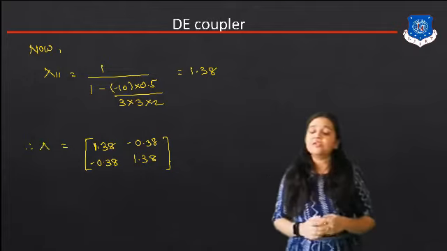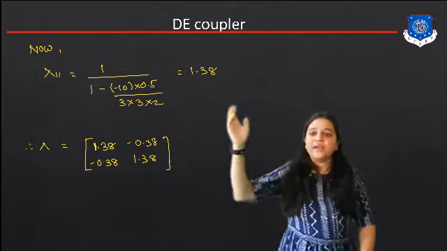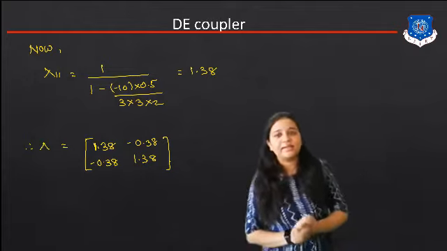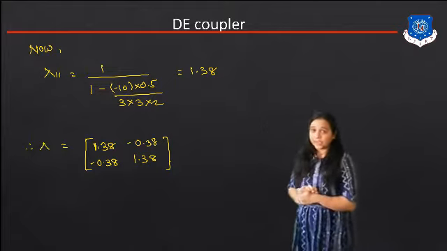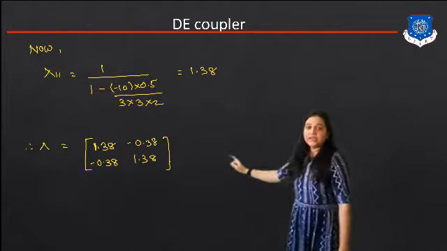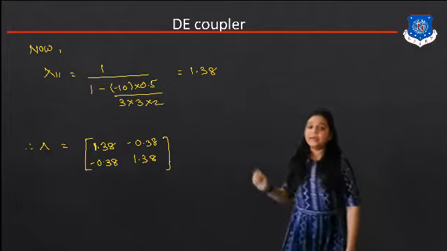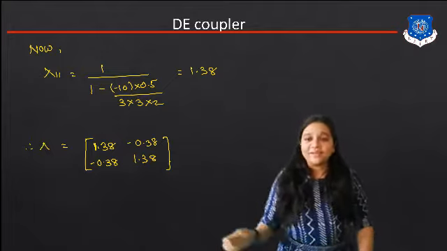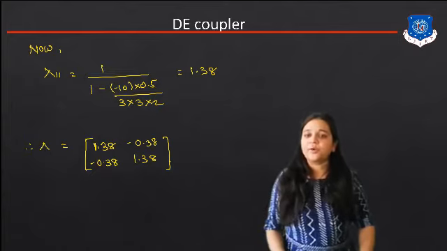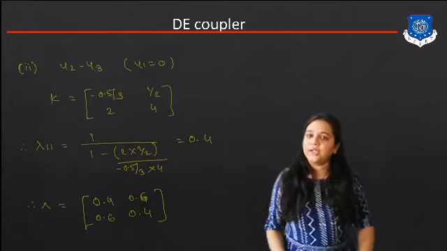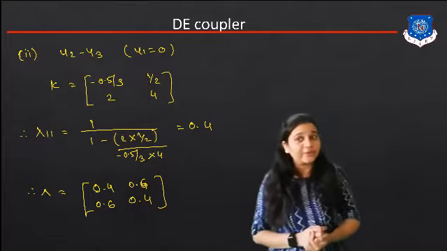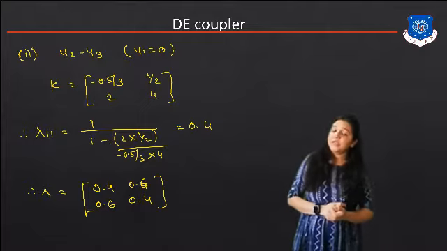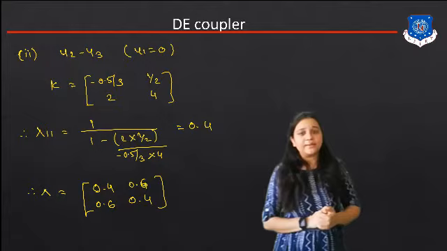If we simplify this term, we get lambda 1 equal to 1.38. So we write 1.38 here, and then we take 1 minus 1.38, so we get minus 0.38, minus 0.38.